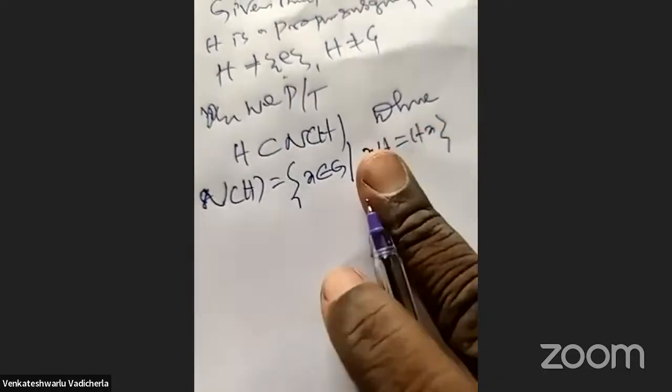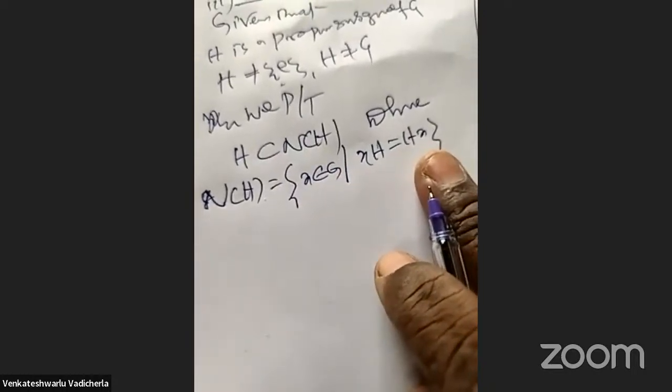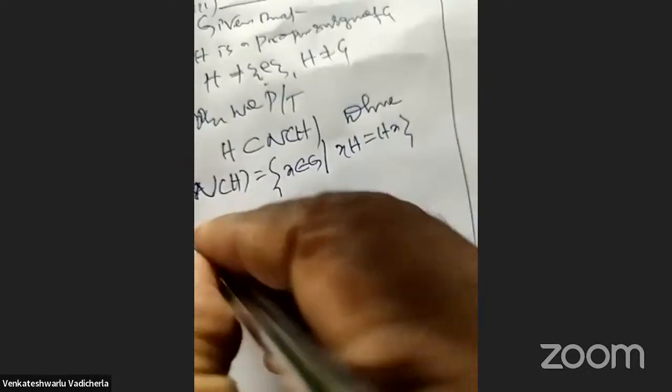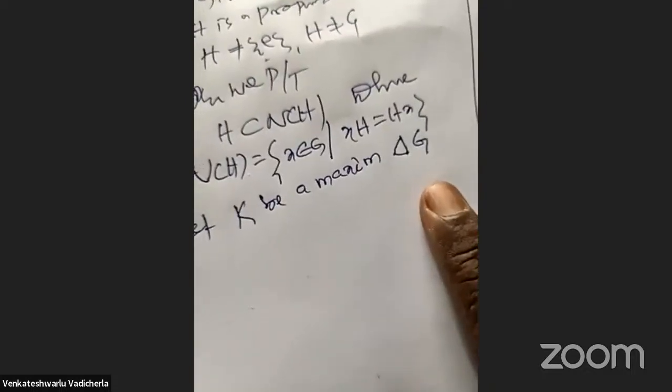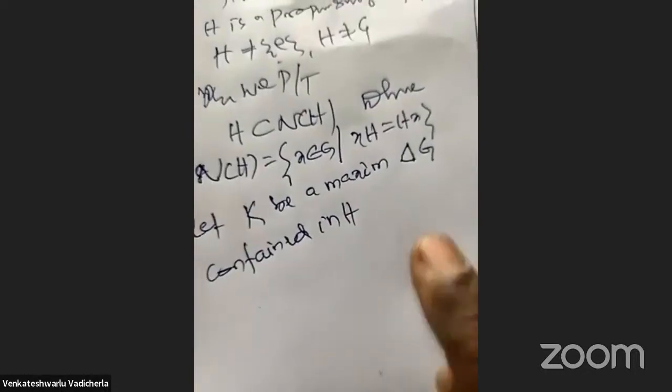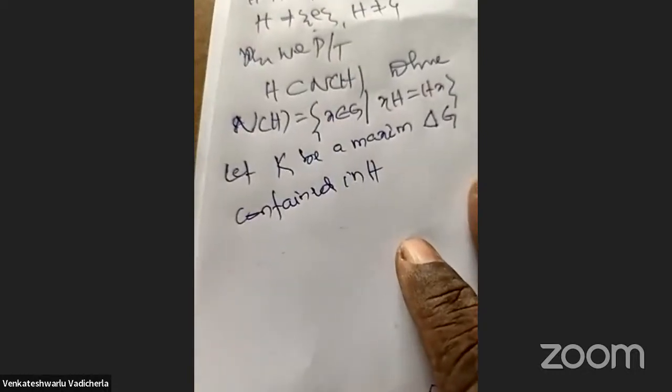N of H contains H. Let K be a maximal normal subgroup of G contained in H. K be a maximal normal subgroup of G contained in H.